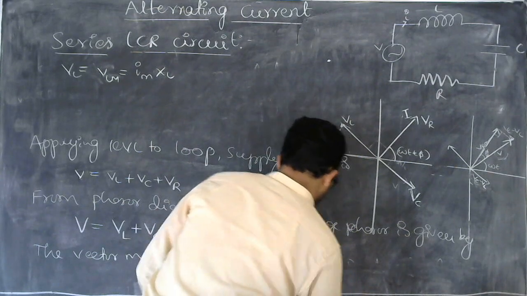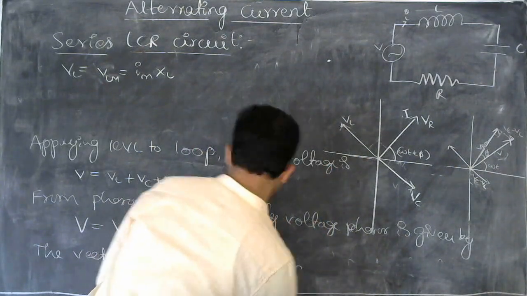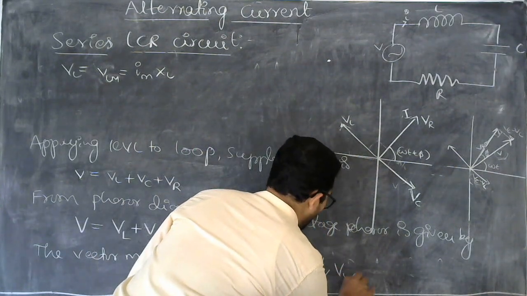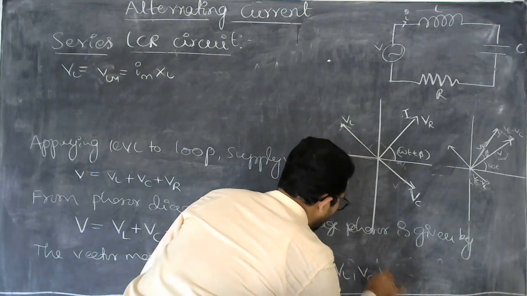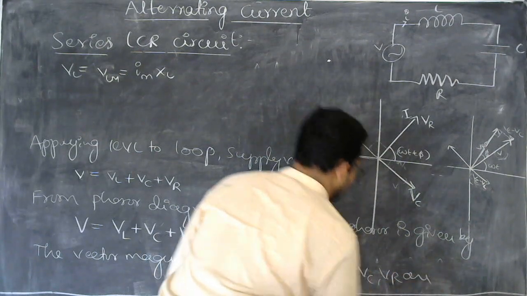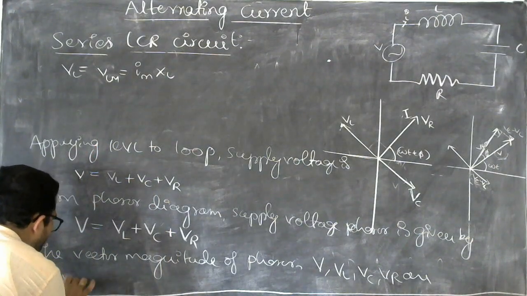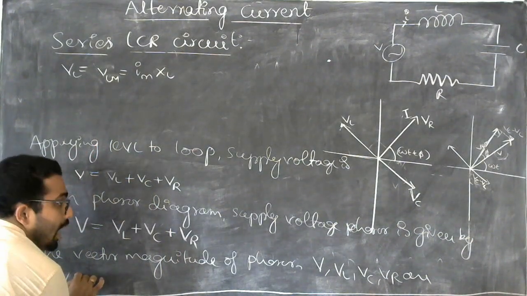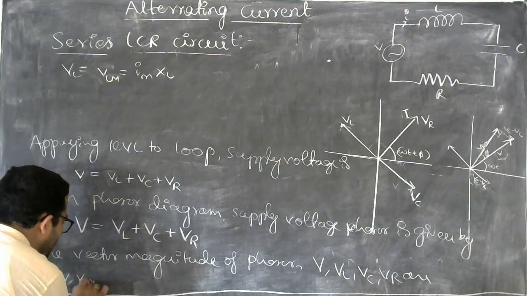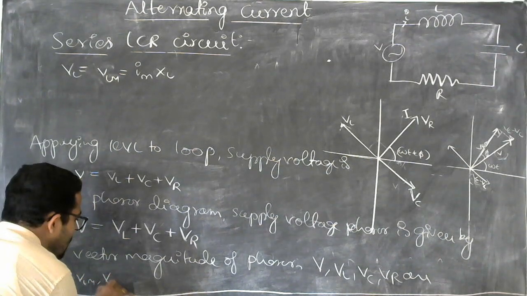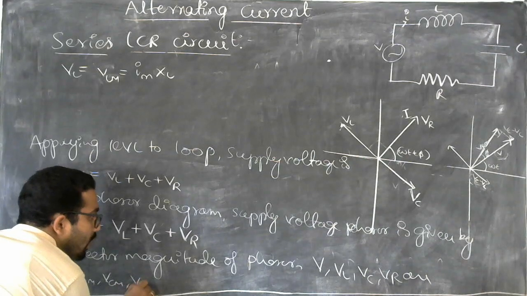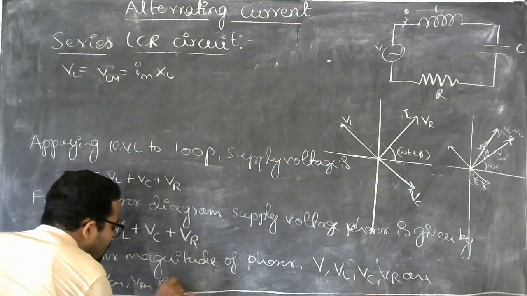I can write it like this. The phasors V, VL, VC, VR. We can write small v and v meaning VLM, VCM, VRM respectively.